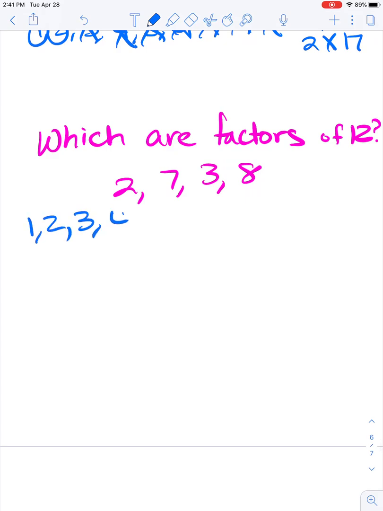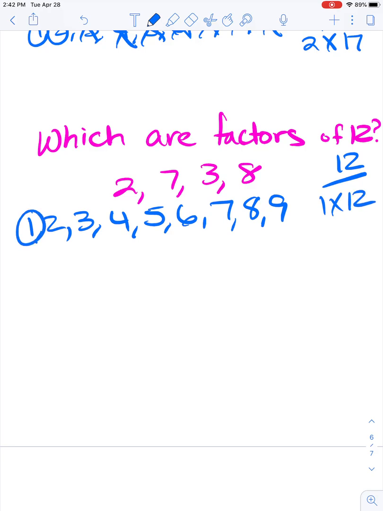Here we're going to do the factors of 12. Again, I want you listing 1 through 9. Okay, we know 1 goes in. We know 2 goes in because it's even. Let's try 3. We're going to add those up. 1 plus 2 equals 3. 3, 6, 9. So 3 goes in. 3 times 4.